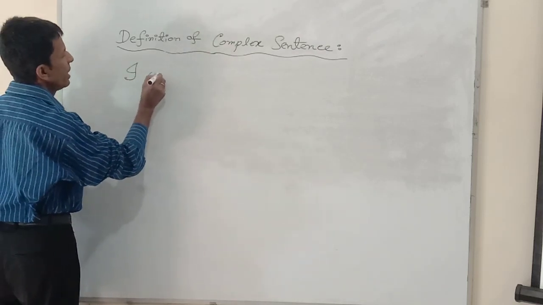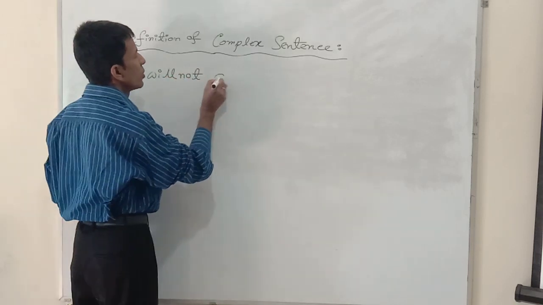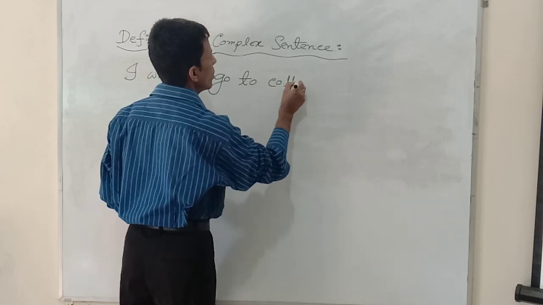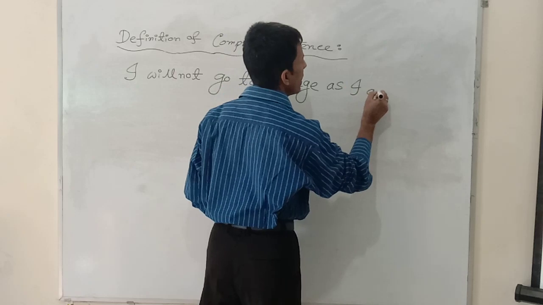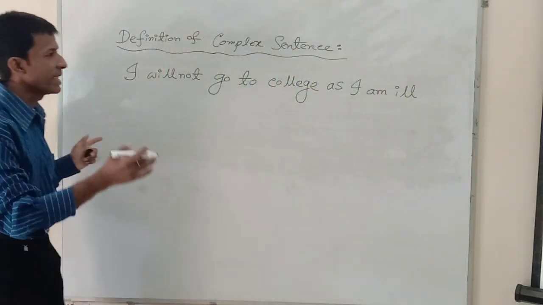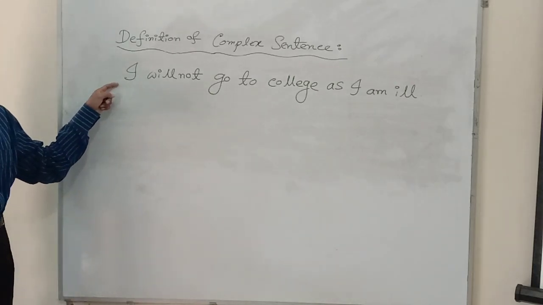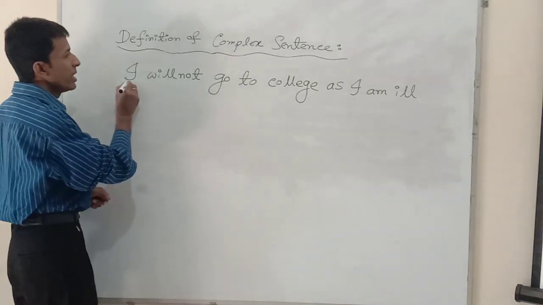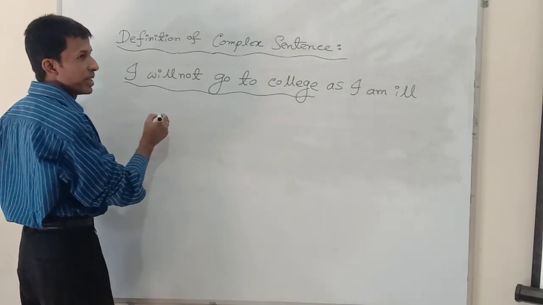I will not go to college as I am ill. So look at the entire sentence. This sentence contains two clauses. One is an independent clause and the other is a dependent clause. I will not go to college: this part is definitely an independent clause.